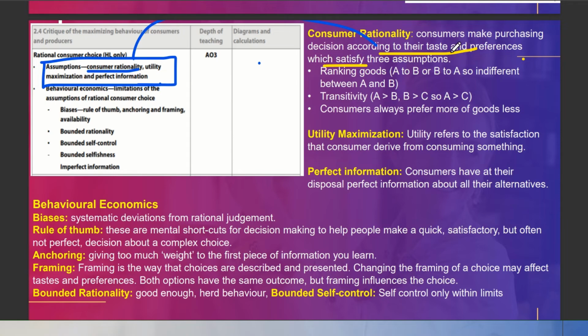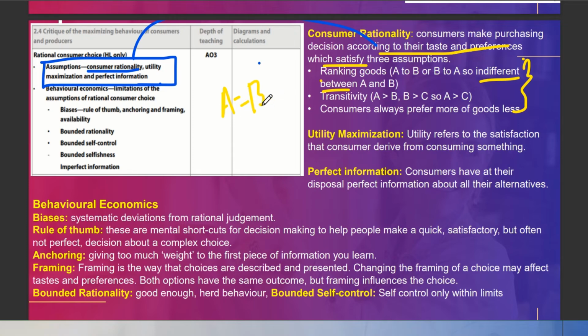These tastes and preferences satisfy 3 assumptions. This is like ranking goods. Sometimes the consumers are indifferent between goods. Example: A is equal to B. A is a product, B is also a product.